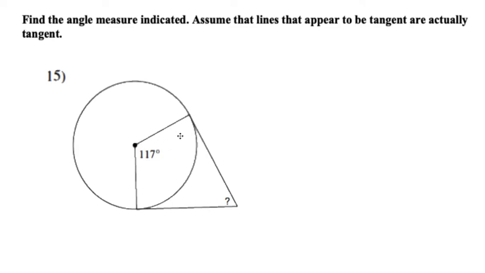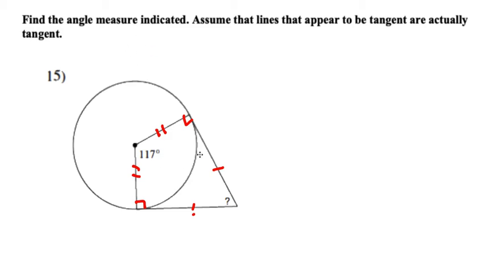Similarly, if you're looking at this, we can assume that these lines that appear to be tangent are tangent, and so that means we know that this is equal to this. And of course, this is equal to this, and this is equal to this. Now, looking at this carefully, I see a kite. But even if you don't see that, at the very least, I see a quadrilateral.